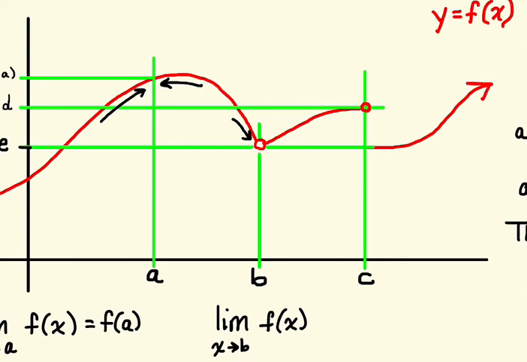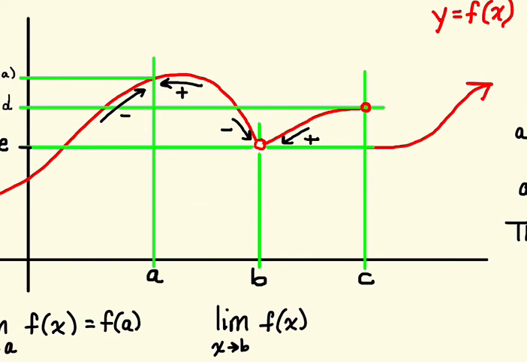So coming in from the left, as x approaches from the left-hand side. See, here approaching from the left, here approaching from the right. As I approach from the left, I'm approaching a height of e, right? And as x approaches b from the right, I'm approaching a height of e. So the heights I'm approaching are the same. It does not matter that the function doesn't exist, because x never actually equals b in this limit.